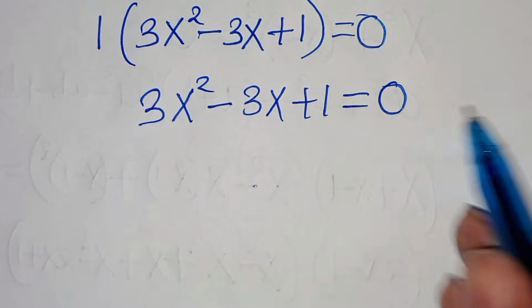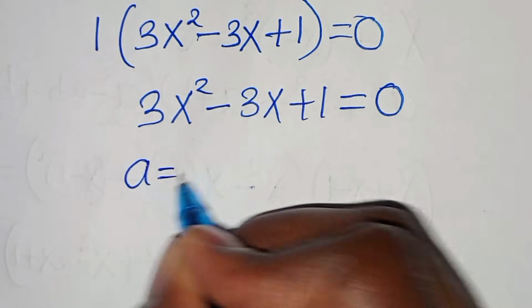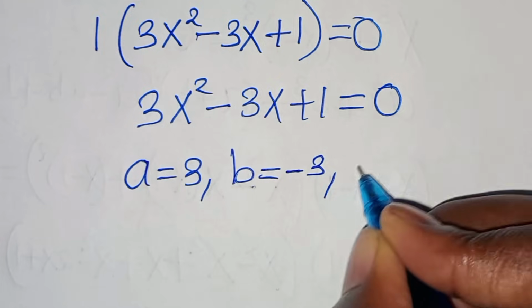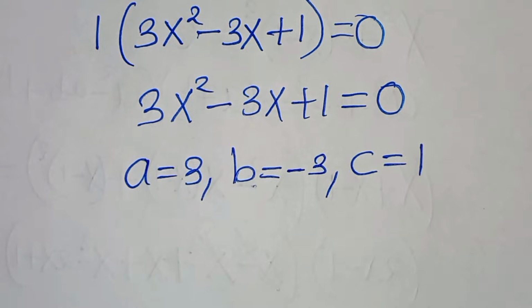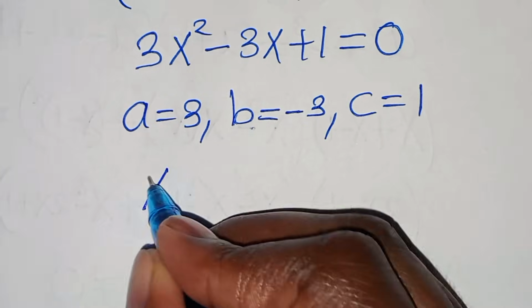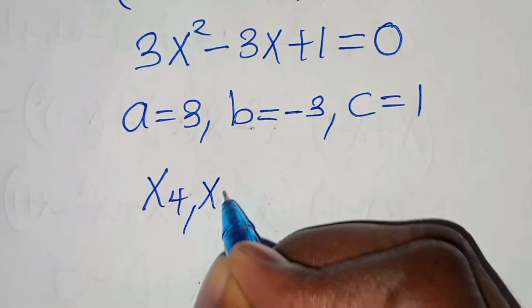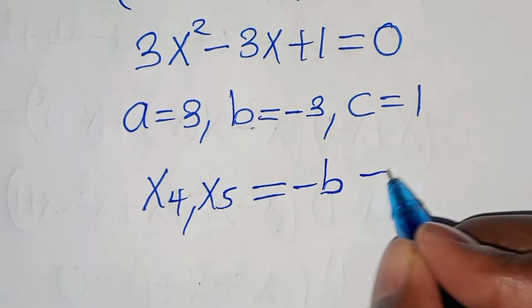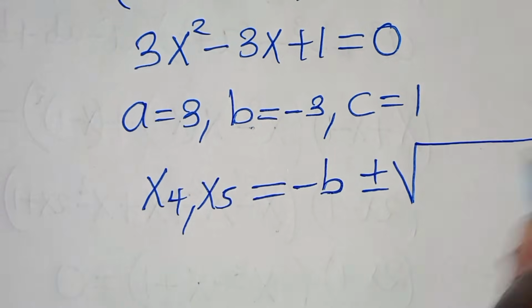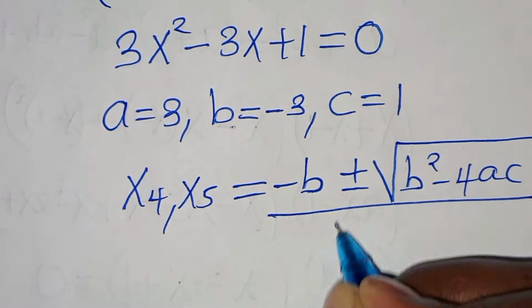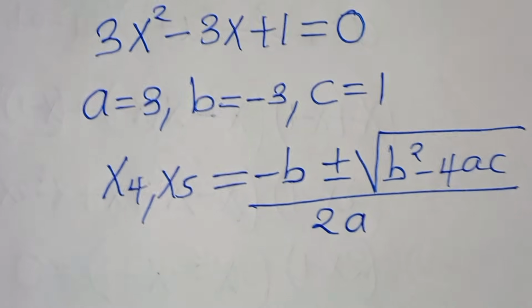From this quadratic equation, we have that a is equal to 3, b is equal to minus 3, and c is equal to 1. So we can solve for x4, x5 by applying the quadratic formula here, which is minus b plus or minus the square root of b squared minus 4ac, everything here divided by 2 times a.